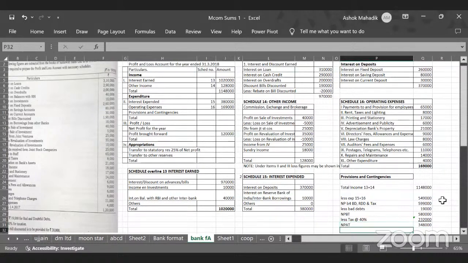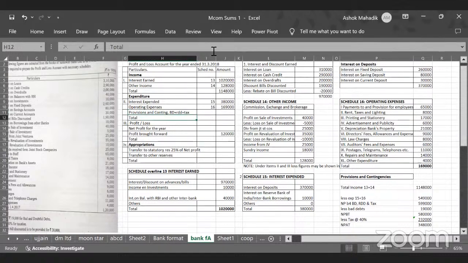Okay, students. So these contingencies will include two things. One, I'll just write in bracket, bad debts plus RDD plus tax.